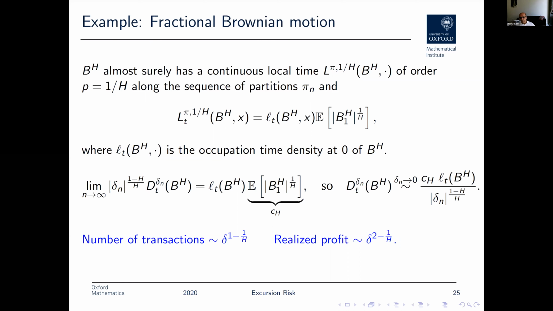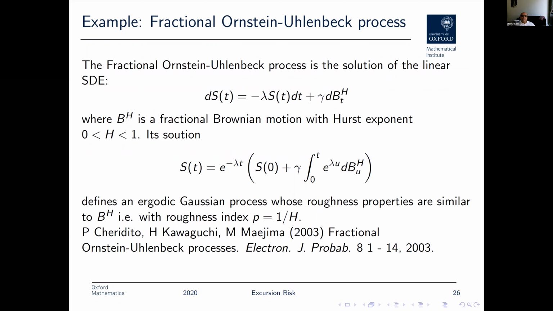Now, fractional Brownian motion itself is rarely used directly as a good model for a signal, because the signals we're interested in are mean reverting signals. Fractional Brownian motion is not a mean reverting process, it's a non-stationary process, in fact.